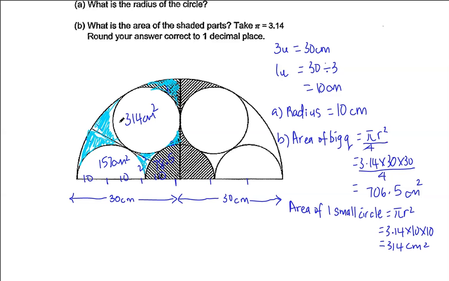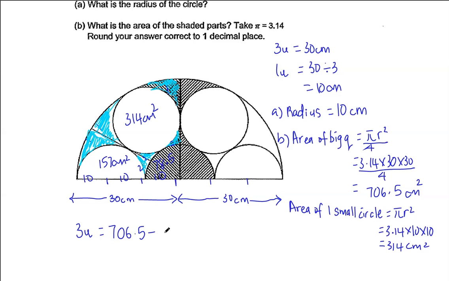Correct? So now we have all the information here. To find this shaded portion here, and there's 3 parts here, remember? 3 portions here that are the same. So I'm going to write 3 units. 3 units is actually the area of this big quarter, 706.5 minus 314, 157, and 78.5.